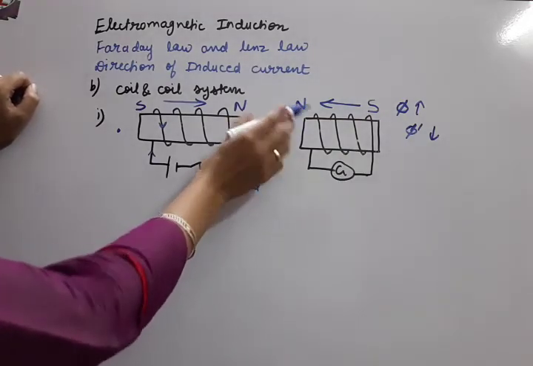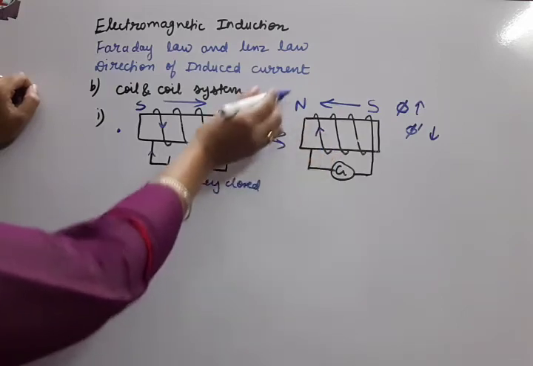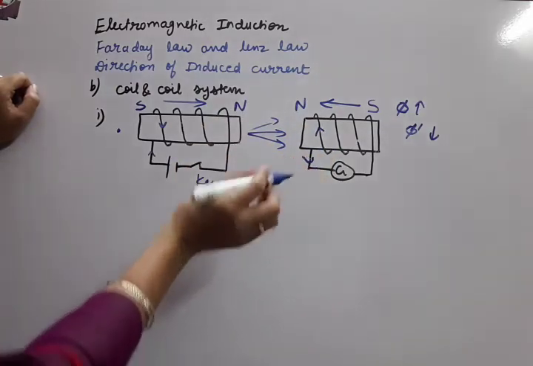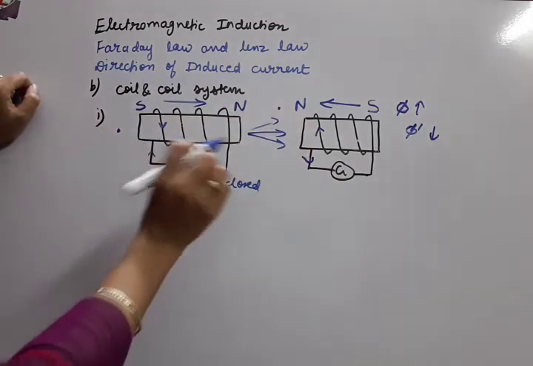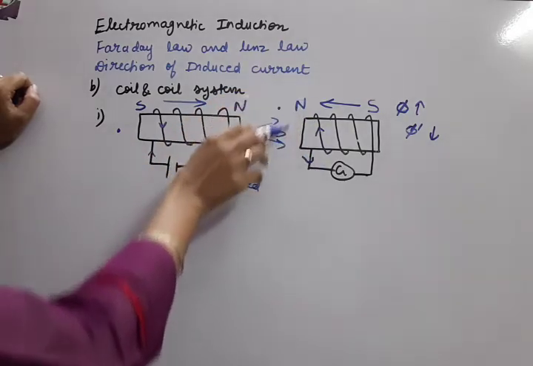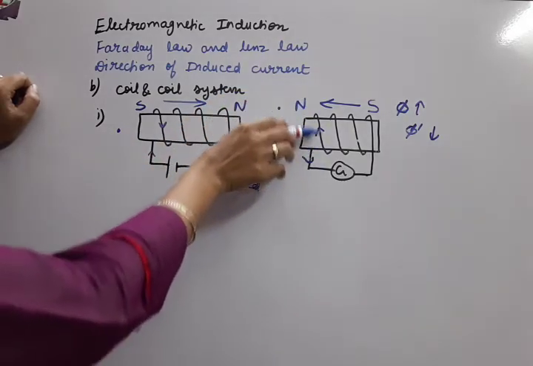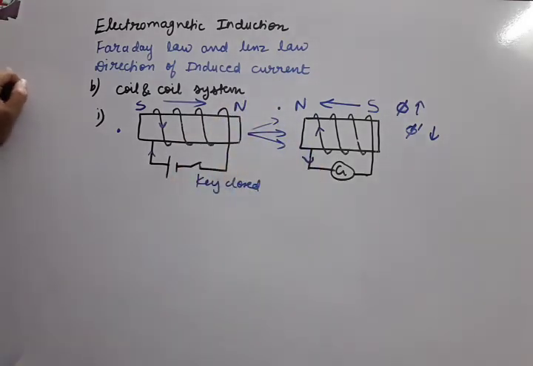If it is the north pole, that means the direction of the induced current here should be anti-clockwise. See again from this location only. So the direction of induced current should be anti-clockwise. You can take the help of one turn and find the current direction. So this is the direction of the induced current.